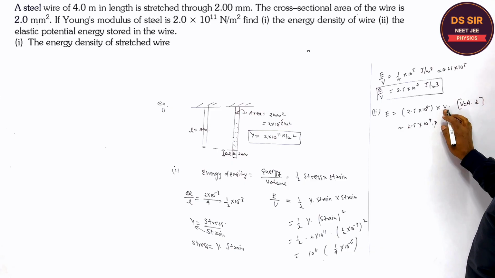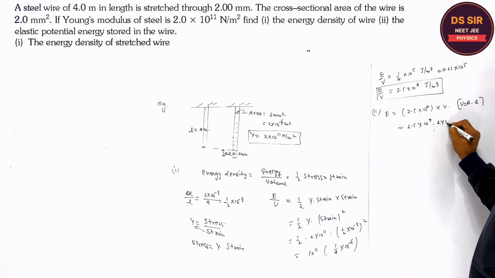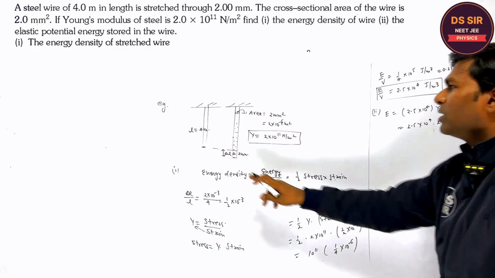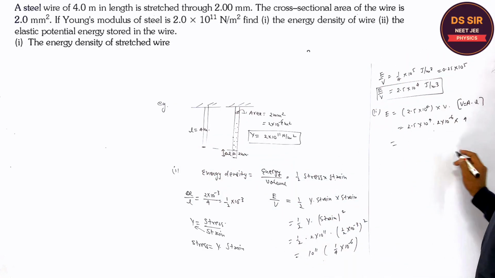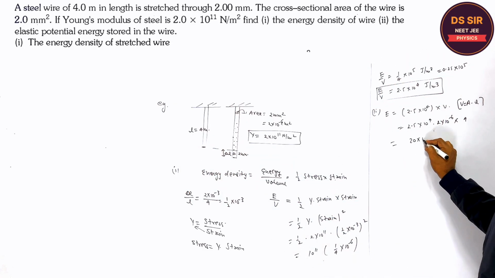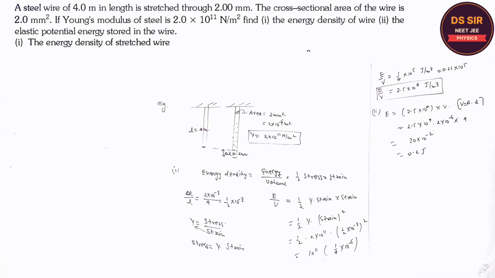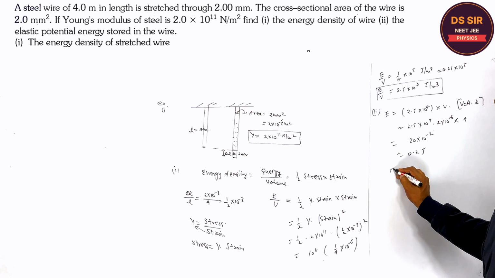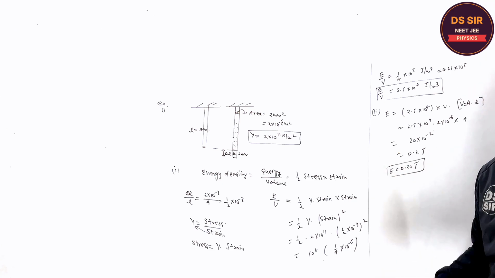So what is the area? The area is given as 2 into 10 to the power minus 6. What is the length? Length is given as 4 meter. So how much? It is 5 into 4, 20 into 10 to the power minus 2. It is 0.2 joule, the correct answer, right? So the energy stored is nothing but E is equal to 0.20 joule.